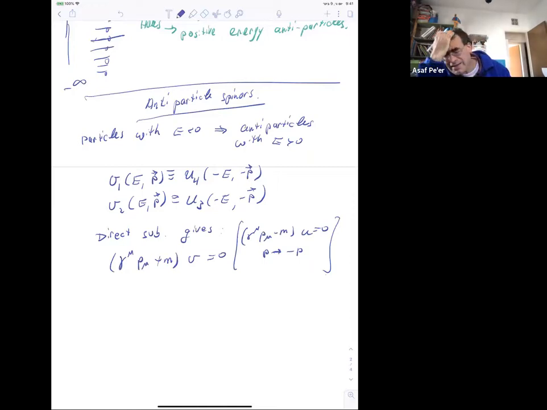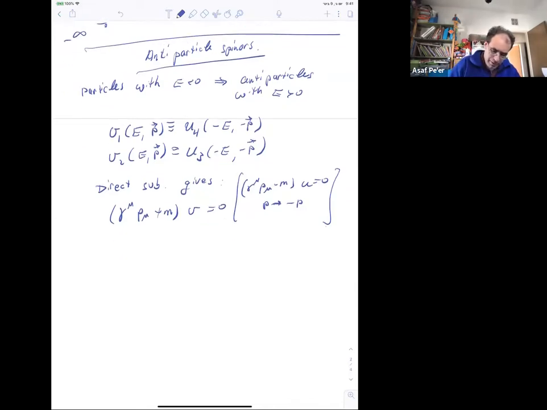Then it's just a matter of simple algebra to repeat exactly the same calculation as we did on Tuesday. And we find the Dirac solution to be V1 of E, p is (px minus i py)/(E plus m), then (pz minus pz)/(E plus m)... and then 0 and 1.